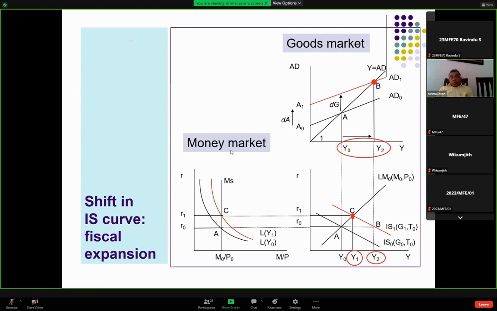It is because when we incorporate the connection between the two markets, this one brings the money market impact on the output market.